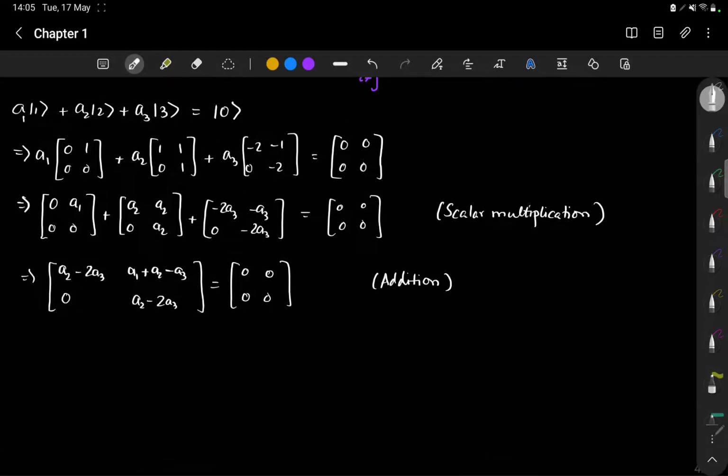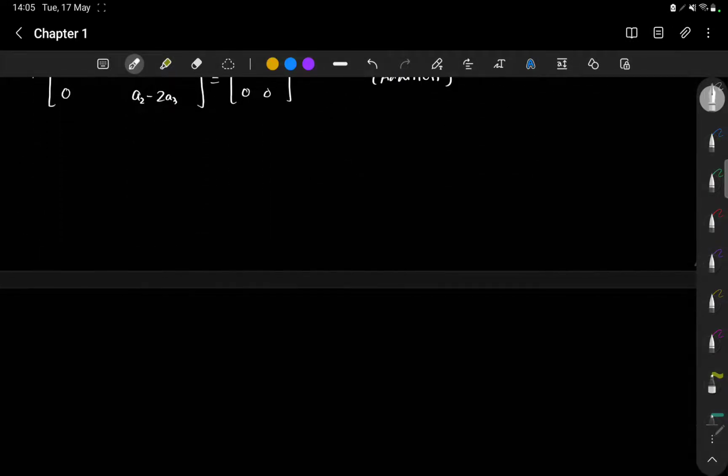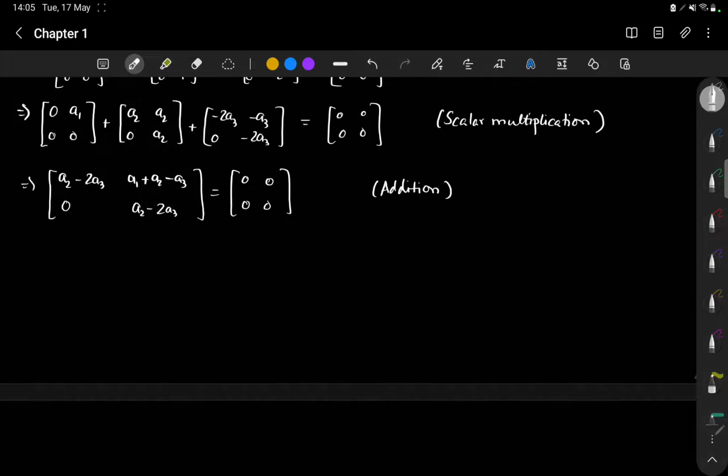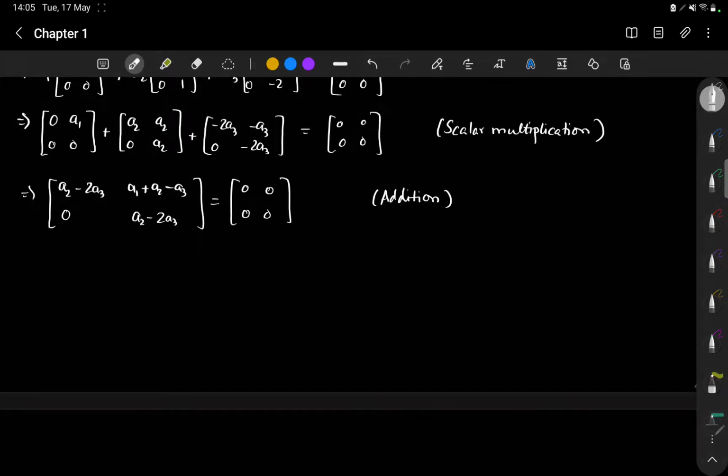Now we need to solve this set of equations that we are getting. So what are the set of equations that we have? Setting this element to 0, we have A2 minus 2 times A3 is equal to 0, which implies A2 is equal to 2 times A3. Then what else do we have from this equation?